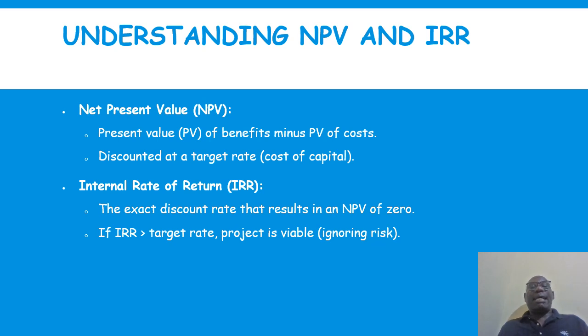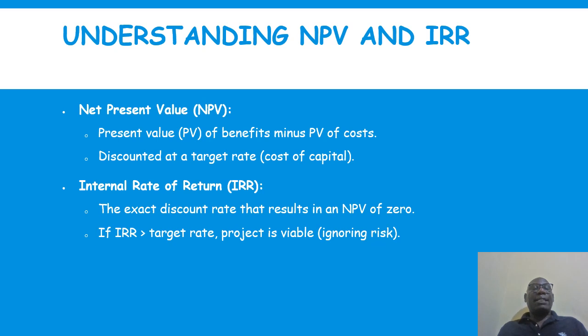Let us now try to understand the net present value and the internal rate of return. We shall begin by focusing our attention firstly on the net present value. Thereafter, we shall proceed and look at the internal rate of return. So let's get to the net present value as an investment appraisal technique.